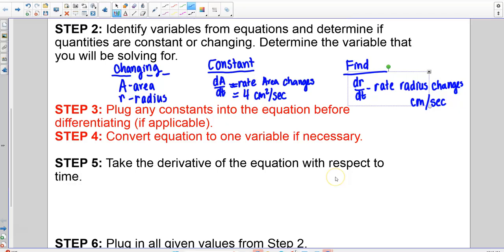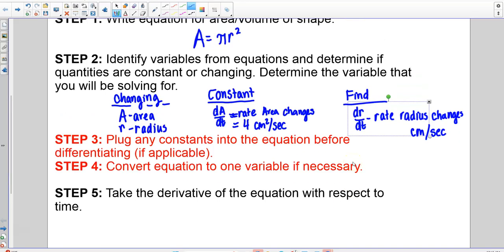So when I get to this point, I want to take the derivative of the equation with respect to time. A equals pi r squared. I'm taking the derivative with respect to time. Remember, pi is just a constant, so this is just a power rule problem. The derivative of A is going to be dA/dt.